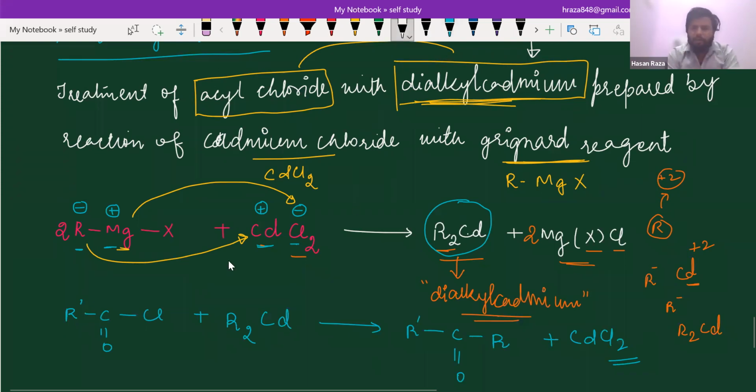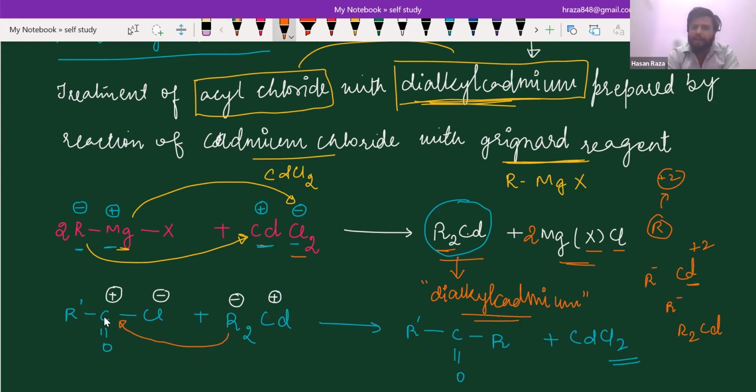Now you can see how the reaction took place. It's very easy to understand. Again, the same concept: this will have negative charge, this positive, this negative, this positive. So this negative will go to this carbon.